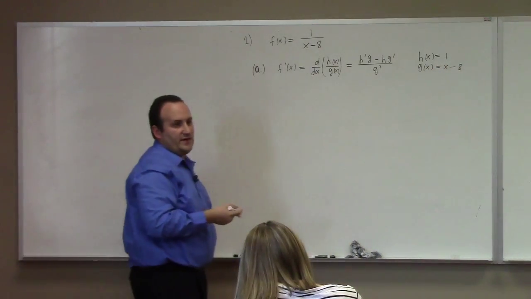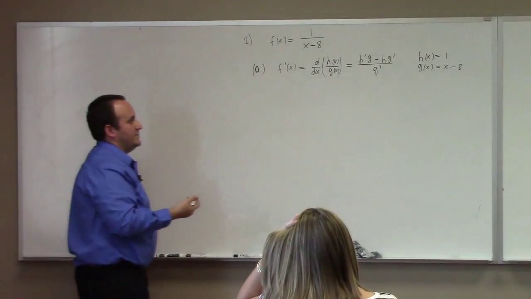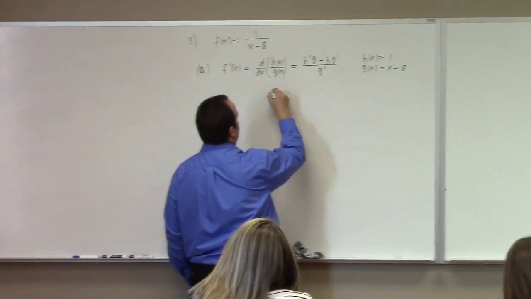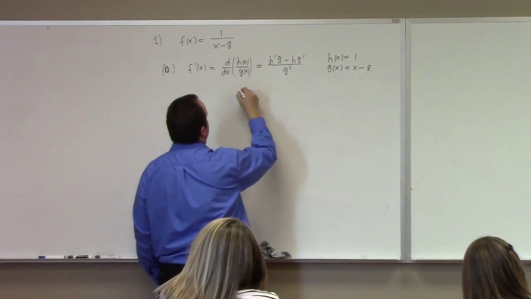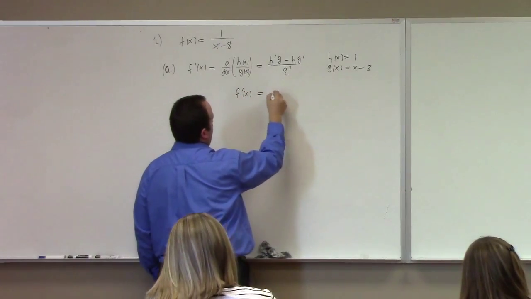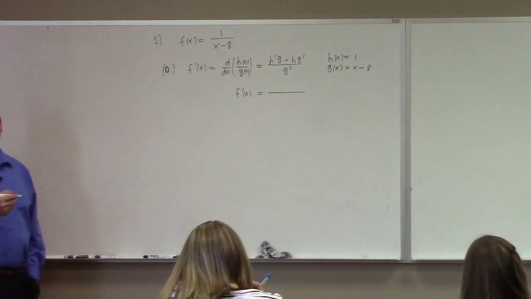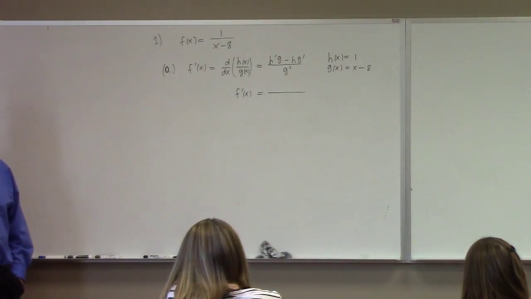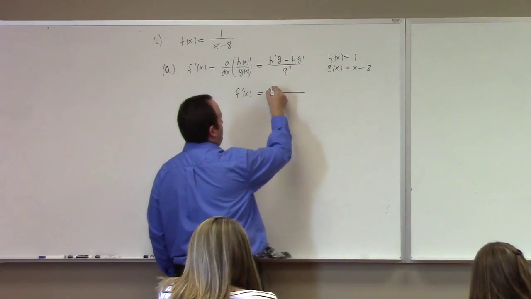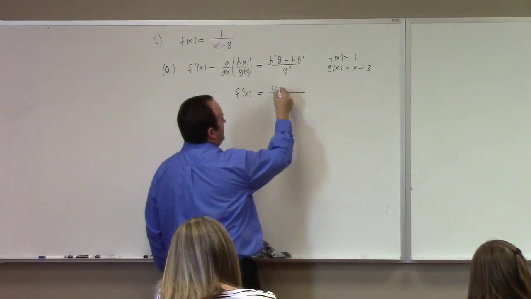I can view this as a quotient rule problem, and I can just differentiate it. And what does that give me? What's the derivative of 1? 0. So that first term is 0 times something that's not 0, but who cares? It's still 0. 0 minus h.